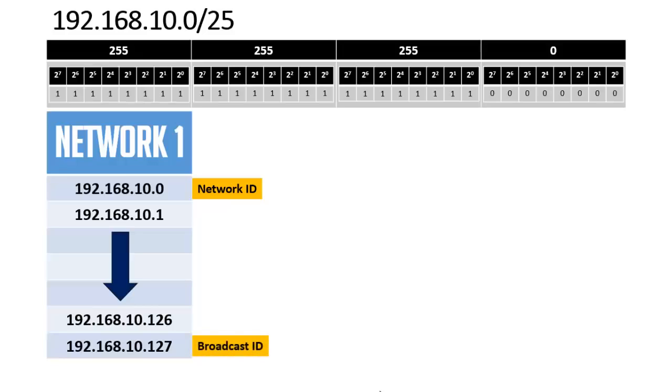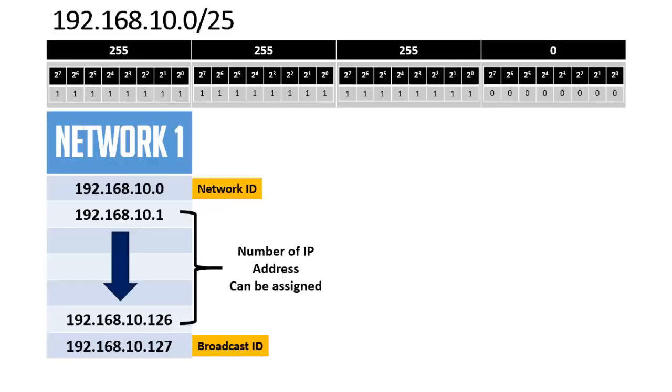Meaning these two IP addresses you cannot use as they are reserved for the network and the broadcast. The IP addresses available in the center, from 192.168.10.1 to 192.168.10.126, are the host IP addresses, and these IP addresses you can assign to the devices in a network.